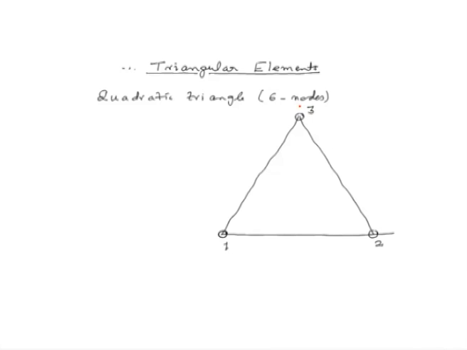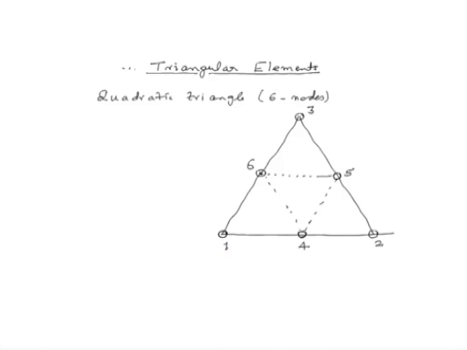Mid-side nodes are numbered again in similar order, that is the midpoint of 1 and 2 would be numbered as node 4, in the same cyclic order. The midpoint of 2, 3 would be called node 5, and midpoint of 1 and 3 would be called node 6.